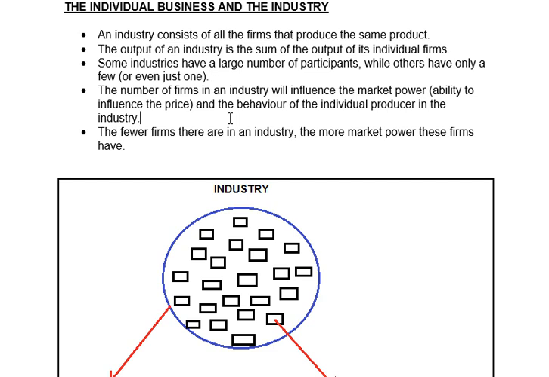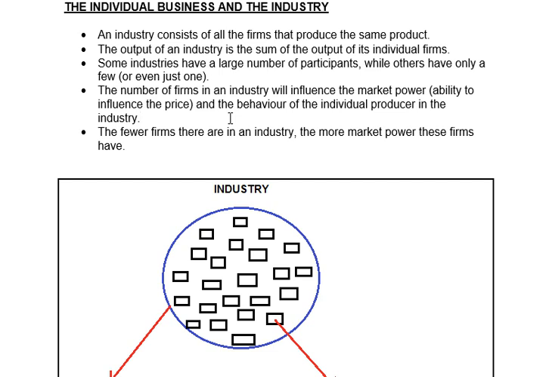Now, the number of participants in an industry will influence the market power of each individual producer in that industry. Remember we said market power refers to the ability to influence the price. That was in activity 6.2.